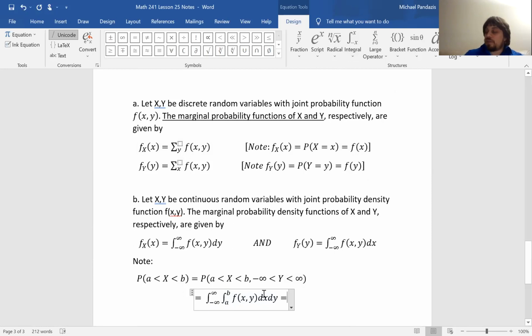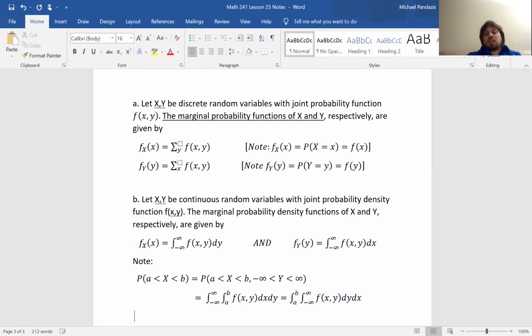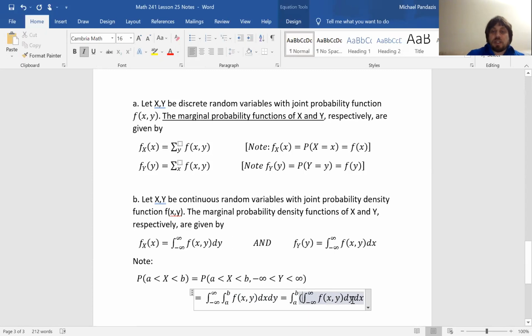And this is equal to the double integral, except you switch the order of integration. This is going to go from a to b, this is going to go from negative infinity to infinity. This is going to switch, so it's going to be dy dx. Okay, and so you're going to integrate this first, and then the other one.